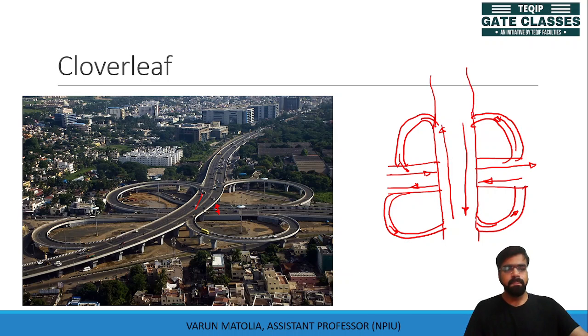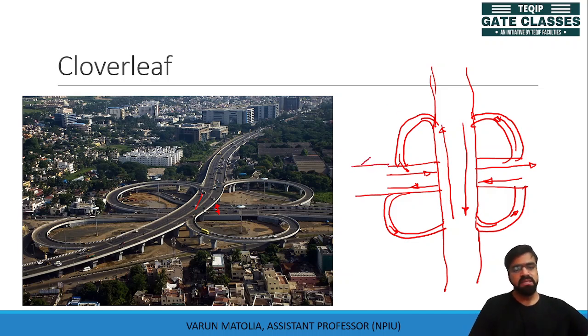Similarly, one more arrangement is given. We have allowed this vehicle to move here, but what if this vehicle wants to go in this direction? So what is done? These lanes are also provided.